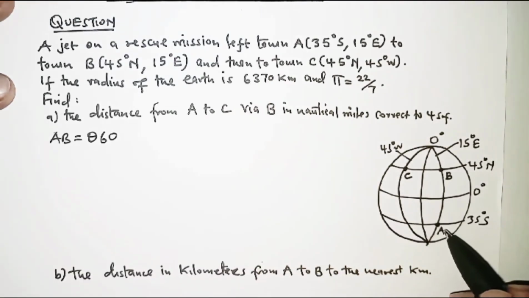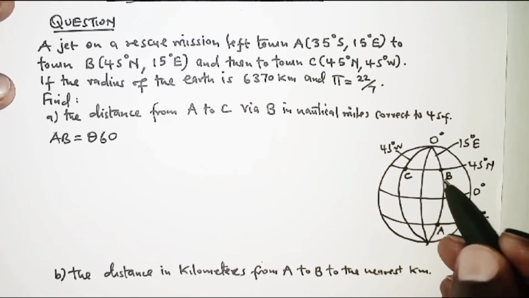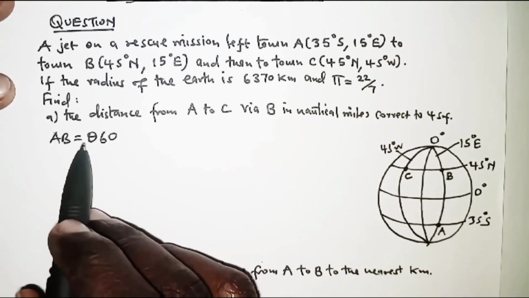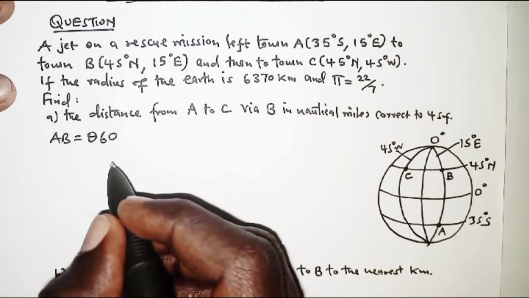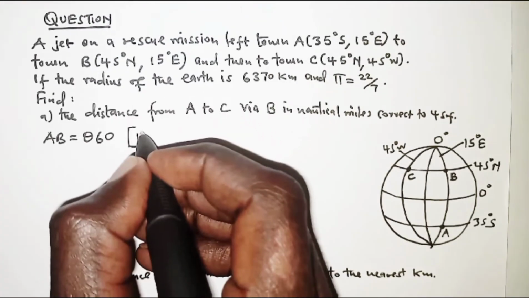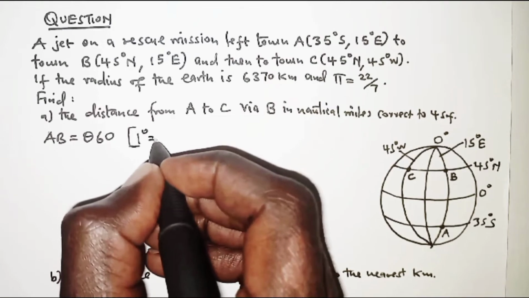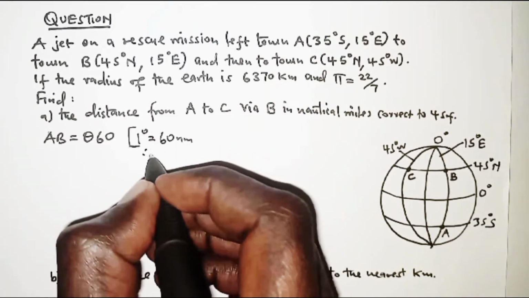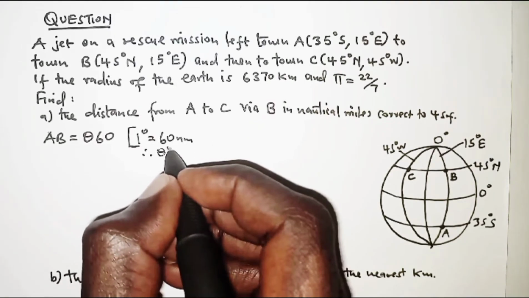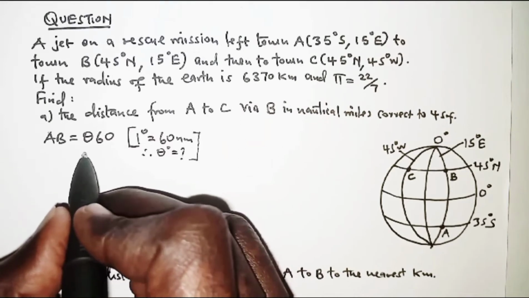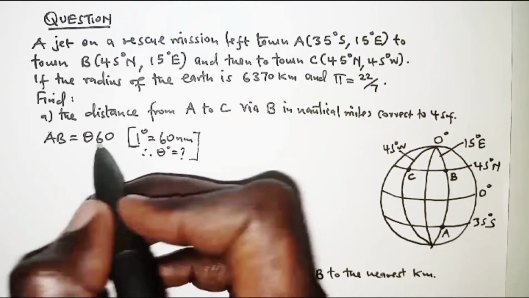Remember, we're moving along a great circle. All longitudes are great circles, and therefore we use the formula theta times 60. Basically, this comes from the fact that 1 degree is equal to 60 nautical miles. Therefore, theta degrees will be equivalent to what? So that leads to this particular formula here.